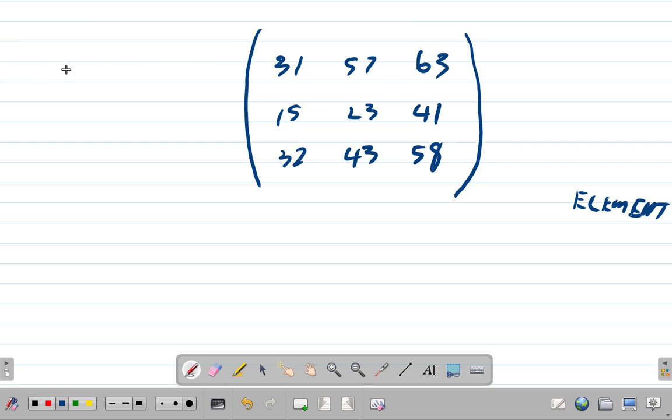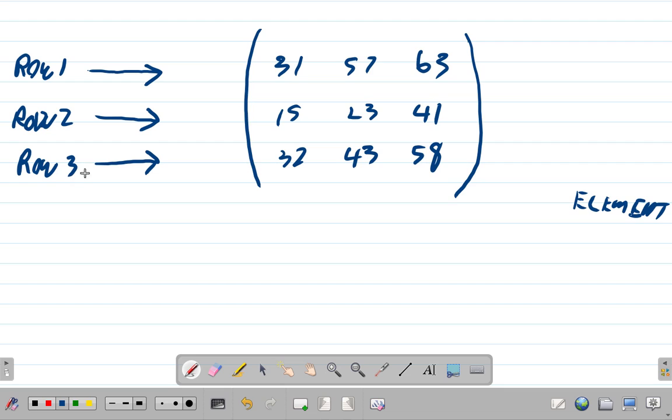Now, horizontally going across, these are called rows. And at the top, you have row 1, in the middle you have row 2, at the bottom you have row 3. So you have 3 rows.